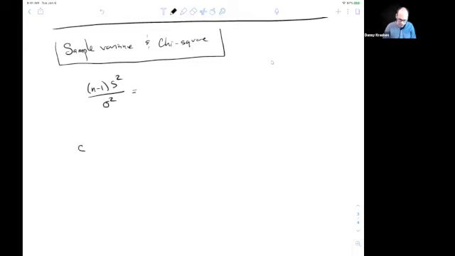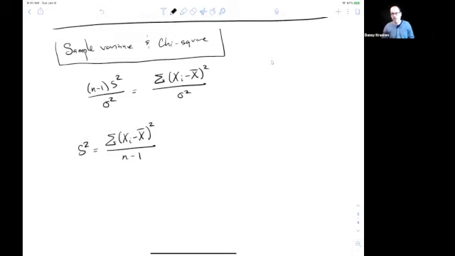So what is s squared? Of course, s squared is the random variable, which is the sum of the xi's minus the sample mean squared divided by n minus 1. So this numerator here, because I'm multiplying by n minus 1, is really just the sum of the xi's minus x bars squared over sigma squared.